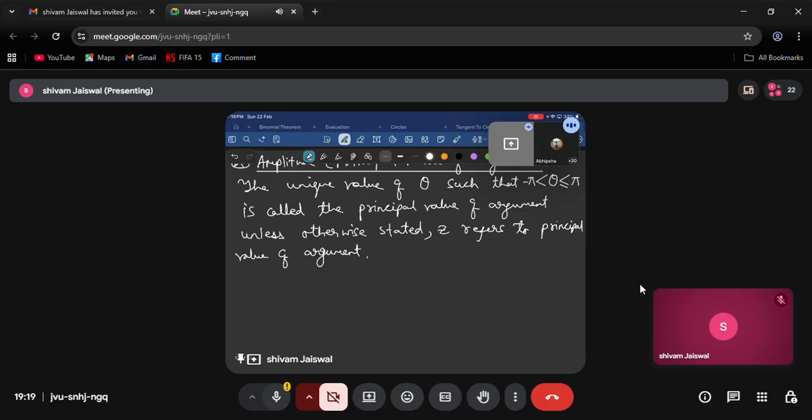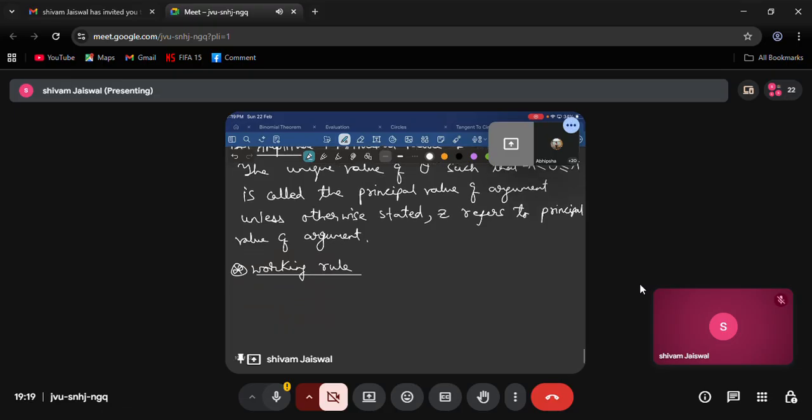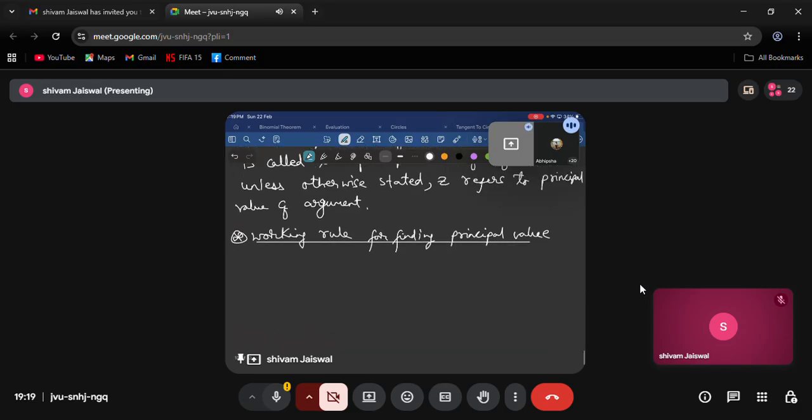The working rule. How to find out the principal value of the argument. Working rule for finding principal value. Let Z equal to a plus iota b.